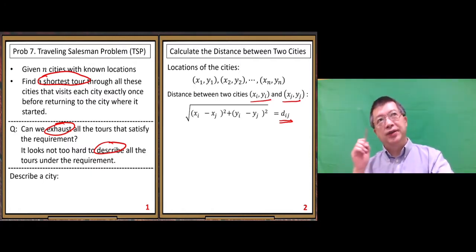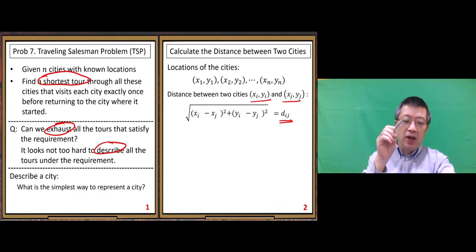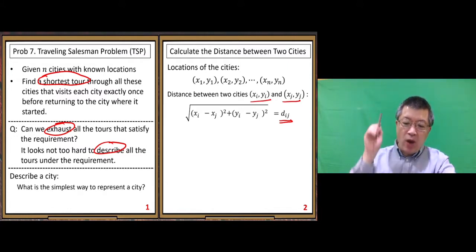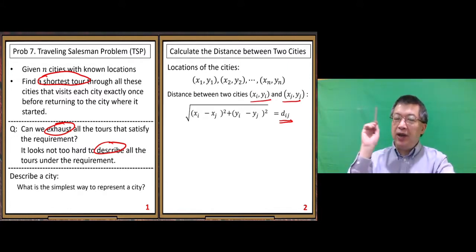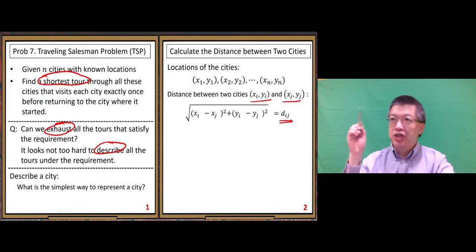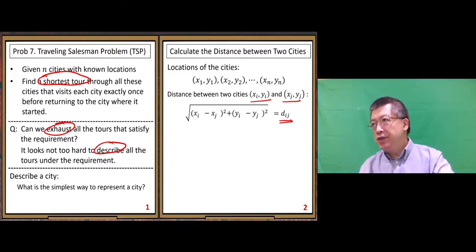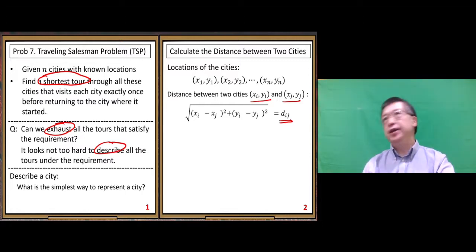Now let's take a closer look at how to describe a city. What is the simplest way to represent a city? Mathematical representation, we want to use the simplest way. When we represent a city, do we need to use its name? We don't need. Do we need to use its location? We don't need.